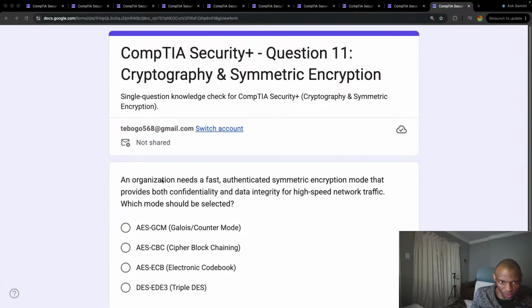Now, if you look at the question, what they're saying is that they need a fast, authenticated, symmetric encryption mode that provides both confidentiality and data integrity. Those are the keywords. This, confidentiality, and data integrity. If you know that, then you can be able to answer this.